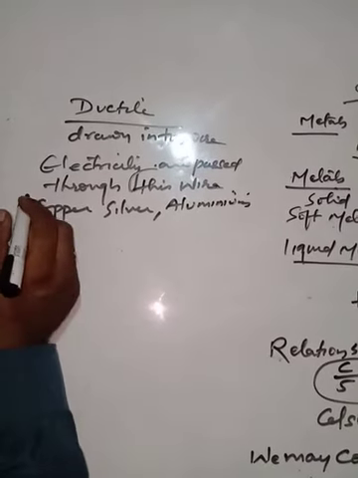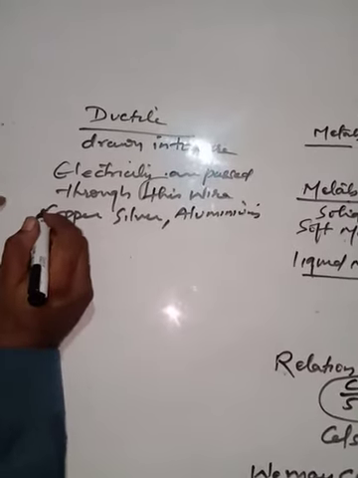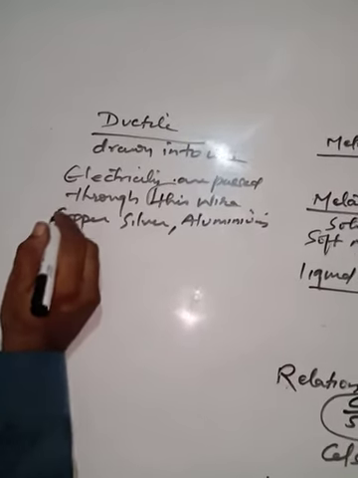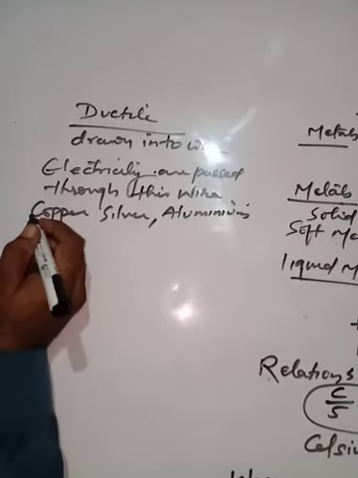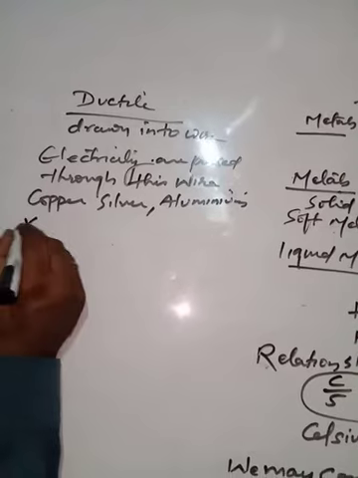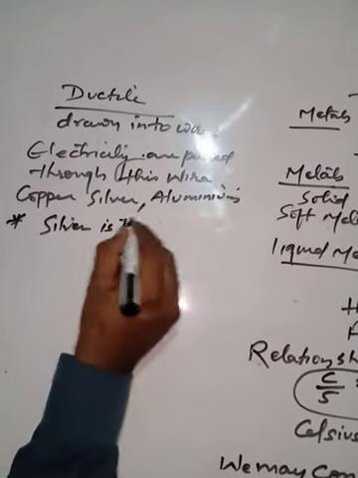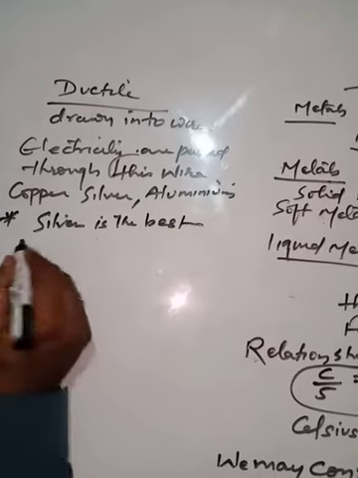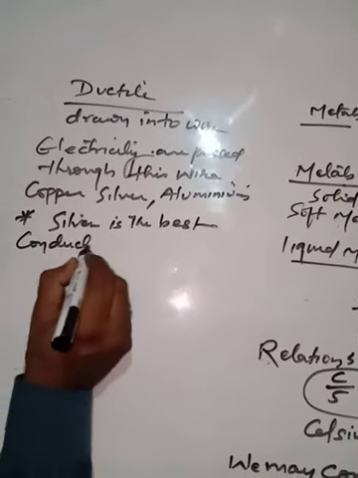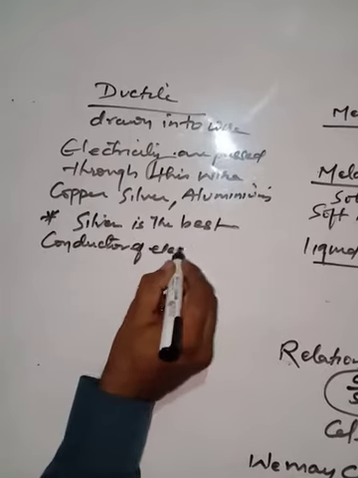Here we find that they are good conductors of electricity. One more important question to be noted: silver is the best conductor of electricity, not gold.